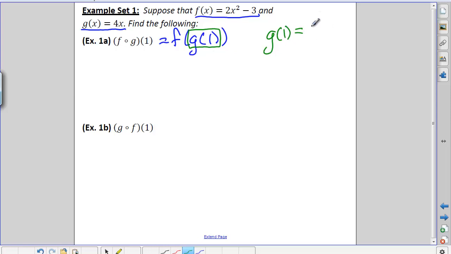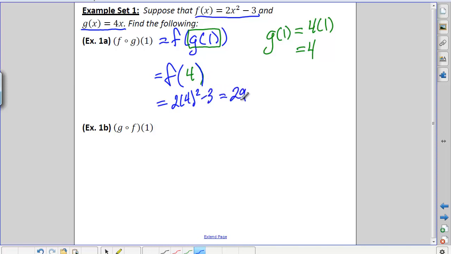Okay, g of x is 4x, so that's 4 times 1, which is 4. So this is f of 4. And now we can go up here to our f function and say that's 2 times 4 squared minus 3. And if you work that out, I believe that's 29. So f of g of 1 is 29.